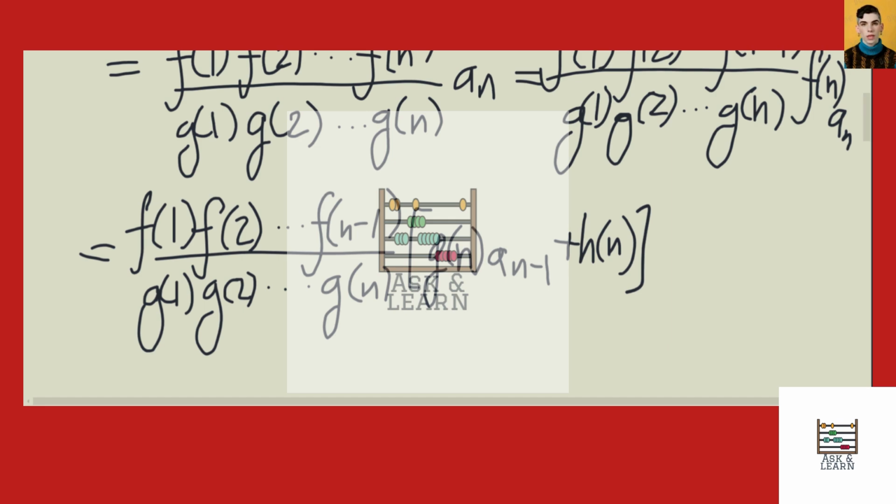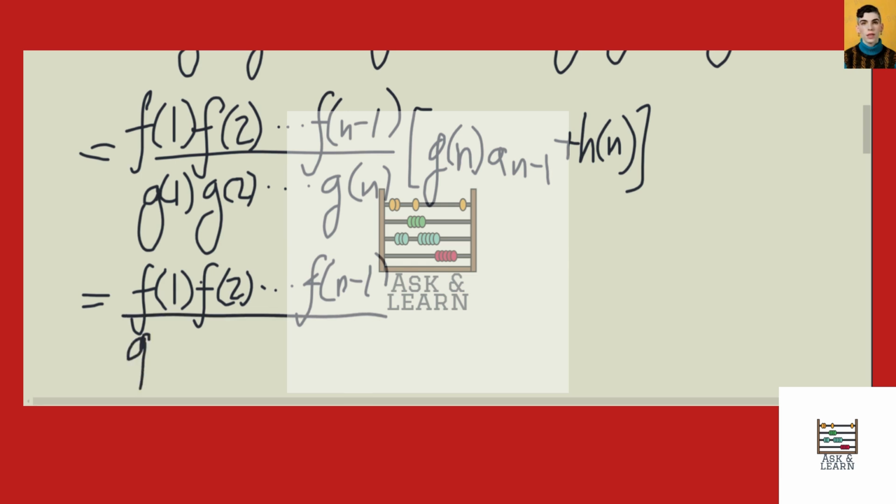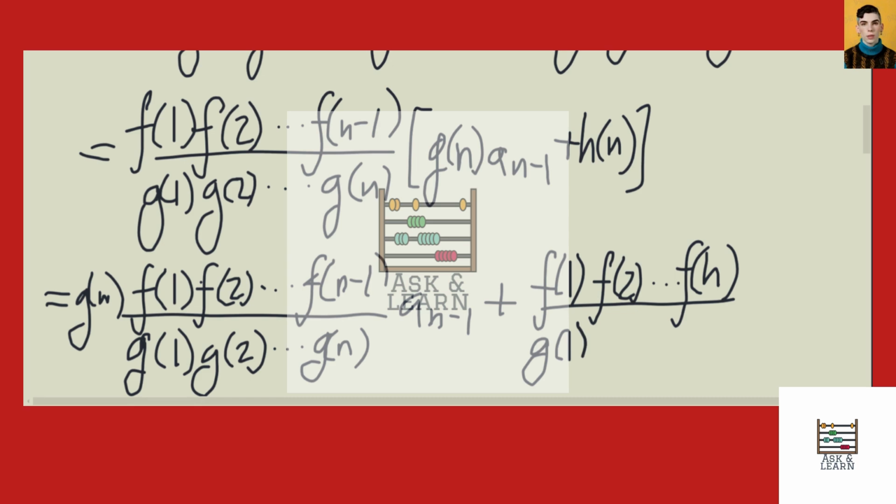And we can write this using the distributive property as f of 1 times f of 2 up to f of n minus 1 over g of 1 times g of 2 up to g of n, and then in front of this we can put g of n times a of n minus 1, plus f1, f2 up to f of n minus 1 over g1, g2 up to gn times h of n.